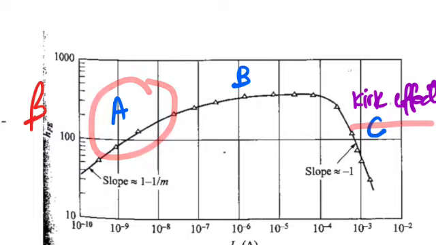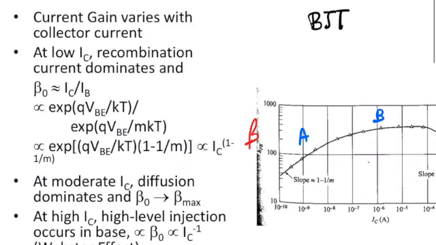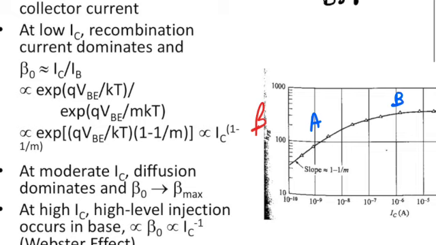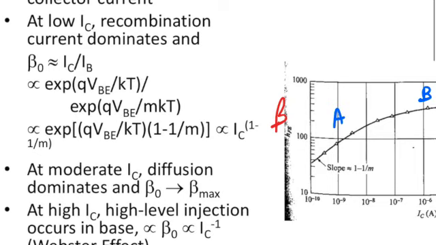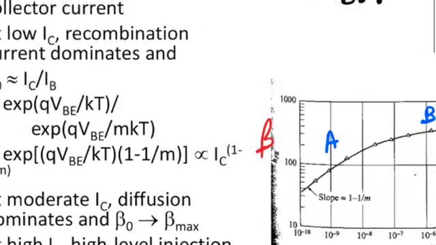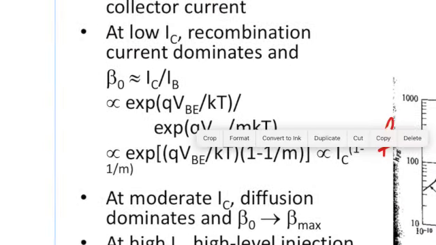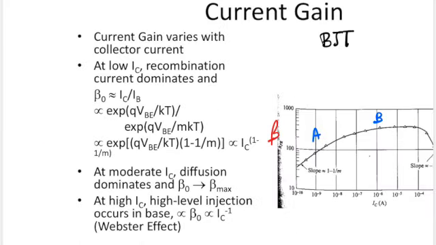Now we'll talk about region A. We can see in this graph that the beta changes with IC according to the values of the collector current. At low collector current, the recombination current dominates.